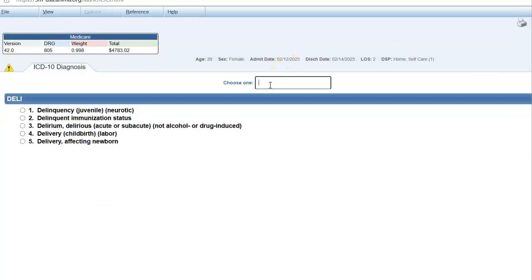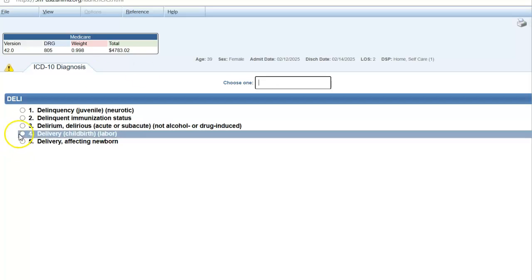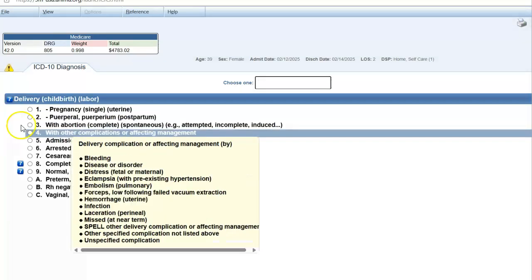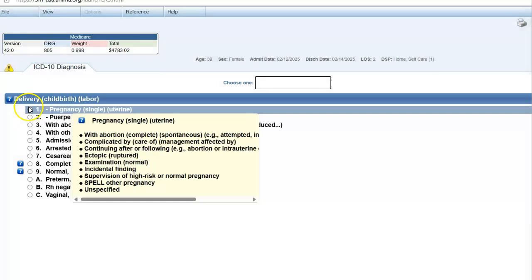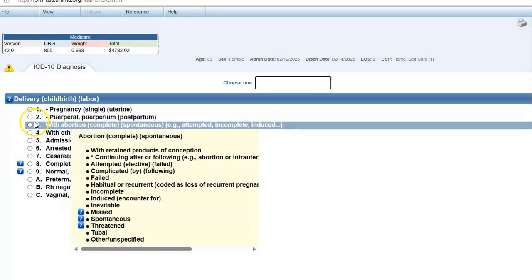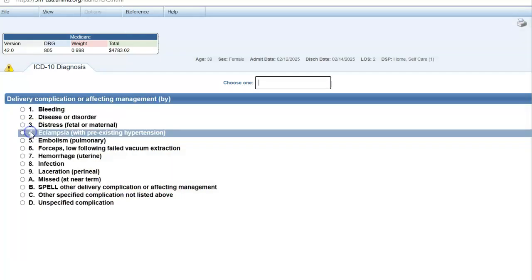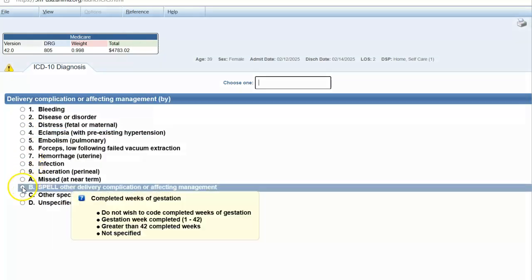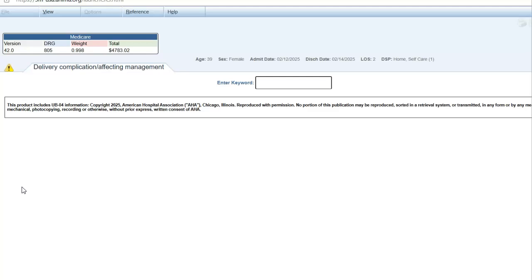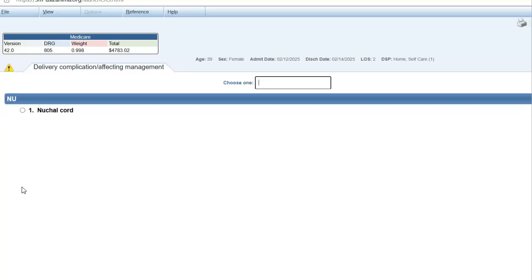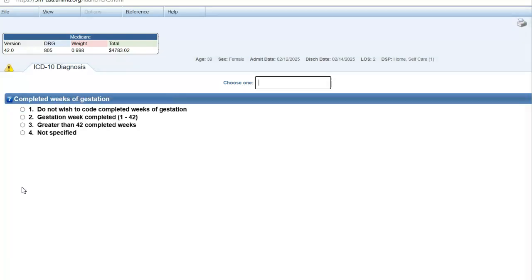Again, my term is delivery, childbirth, complicated by, with other complication, I'm going to hit number 4. I'm going to come to B and spell nuchal cord. There was only 1 baby, so we're going to hit number 2. It was not compressed. It did not say it was compressed, so we're going to hit number 2 without compression.